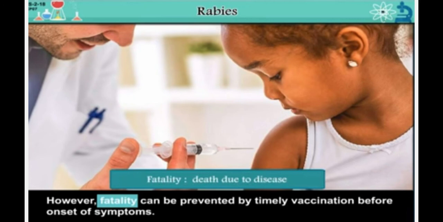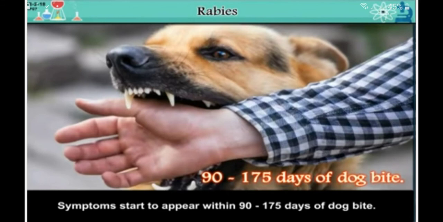Fatality is nothing but death due to the disease. If an affected dog bites us, then symptoms of rabies appear 90 to 150 days after the dog bite. Symptoms are not seen earlier in the body. That's why one should take precautions in rabies.